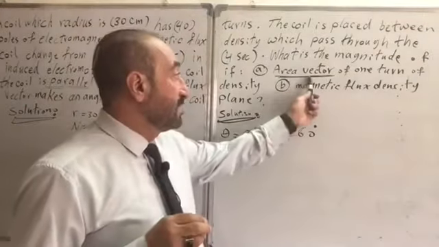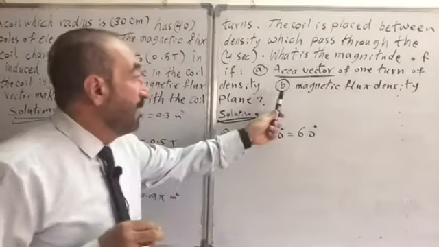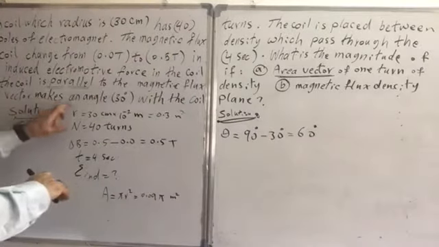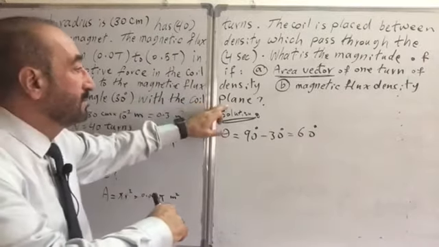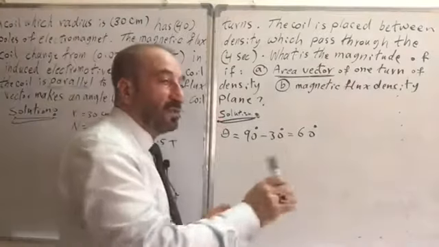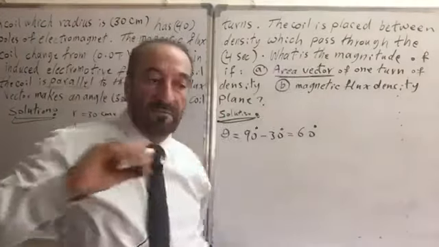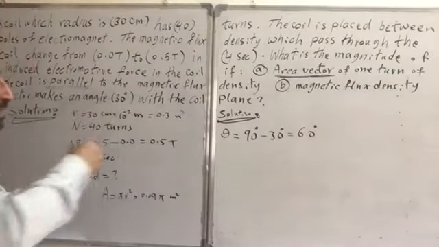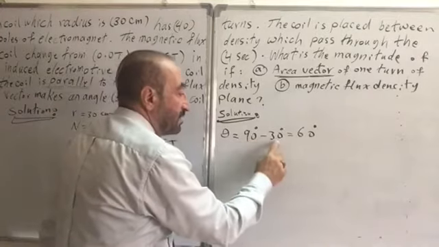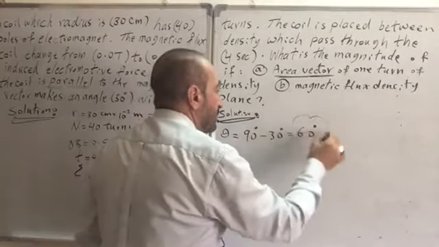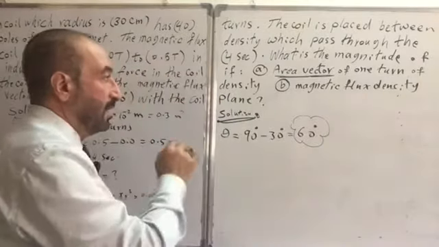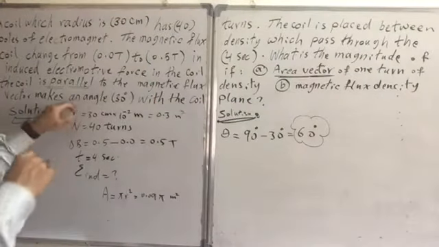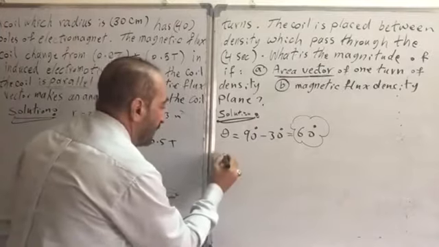While if this phrase is absent, for example, the question says the magnetic flux density vector makes an angle 30 with the coil plane, it doesn't say area vector. Therefore, our angle is not 30. Our angle is 90 minus 30 equals 60.